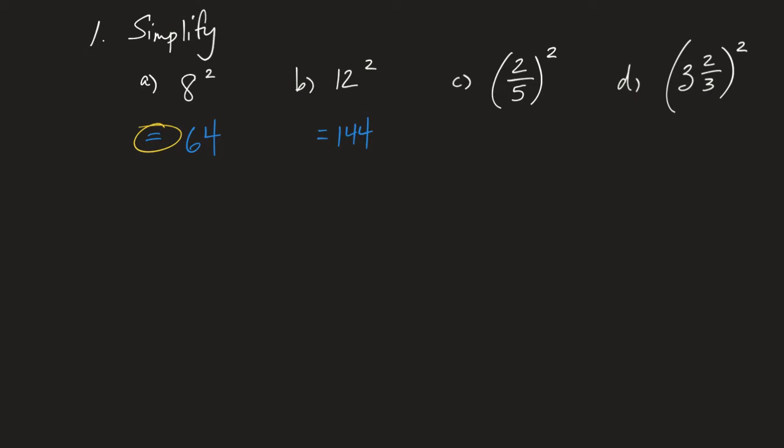If you said, okay, wait a second, I know a squared means multiply by itself. So that's 2/5 times 2/5. And we turn that into a multiplication of fractions question where we multiply straight across.